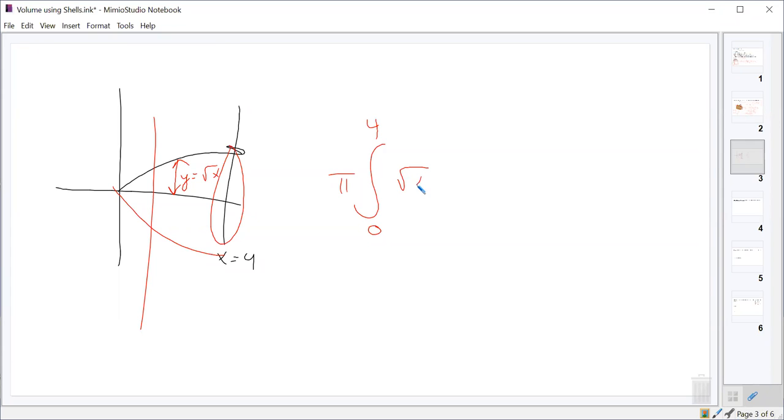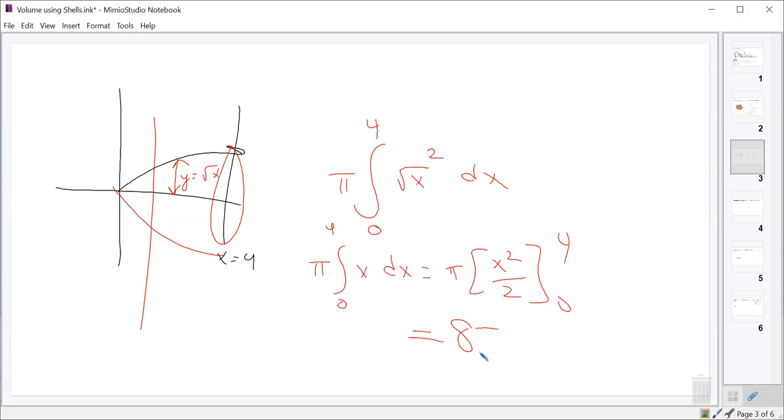So our radius would be root x squared dx. And we'd really just be doing pi times the integral from 0 to 4 of x dx, which would give us 8 pi. So we know that either way we do it, we get the same answer, which is good because it's the same solid. It better be the same answer.